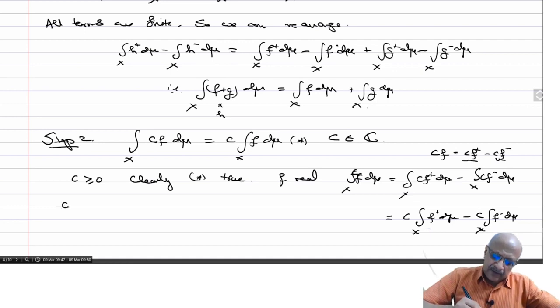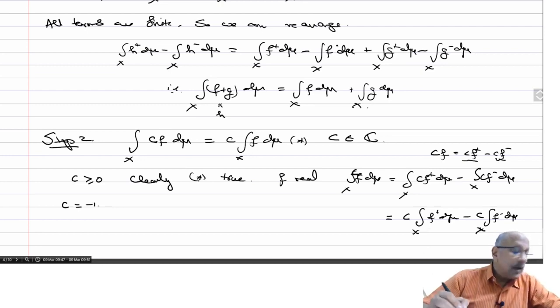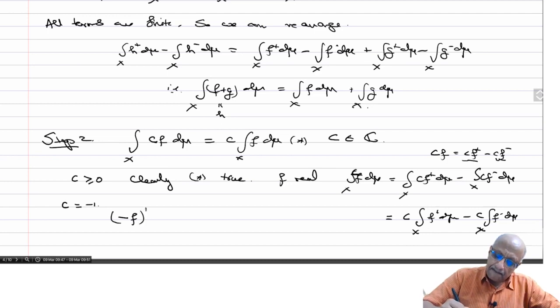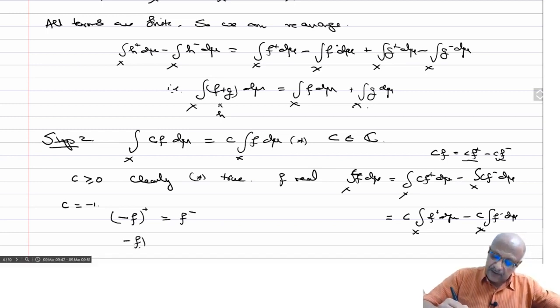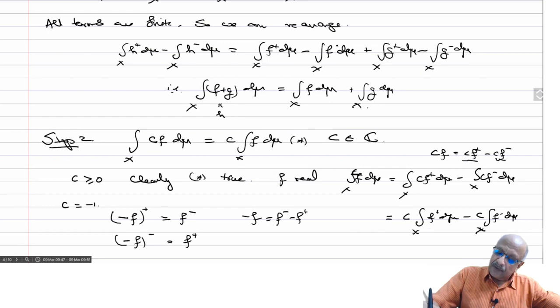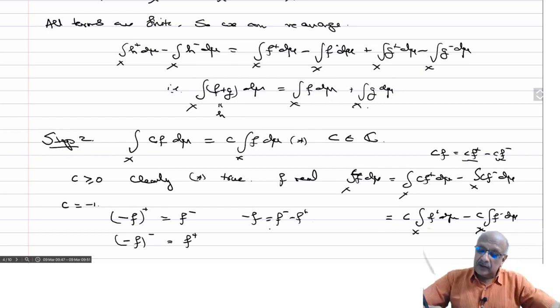Now let us take c equals minus 1. Then what is minus f plus? This is nothing but f minus, and minus f minus equals f plus, because minus f equals f minus minus f plus. Okay, so this is how these are the positive and negative parts, and therefore you have this.